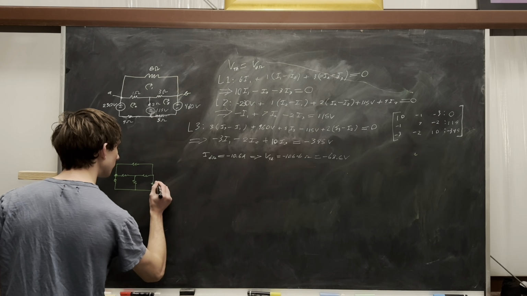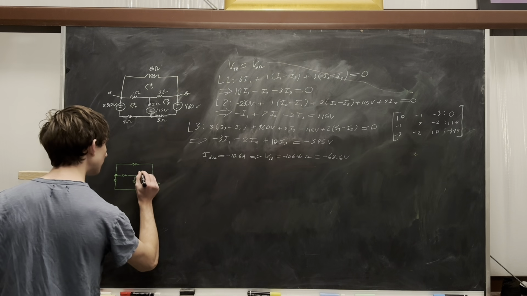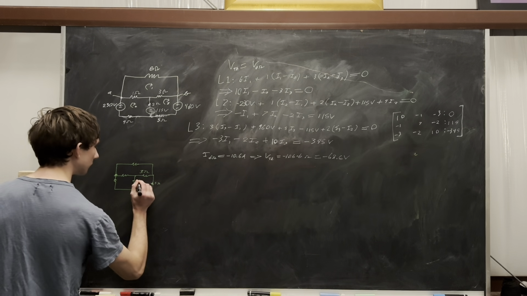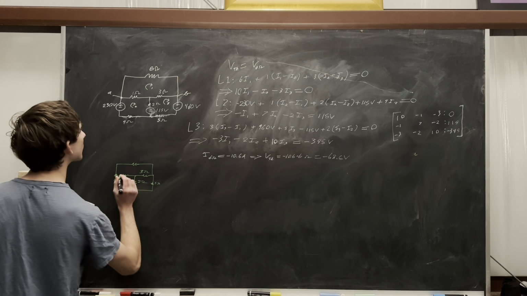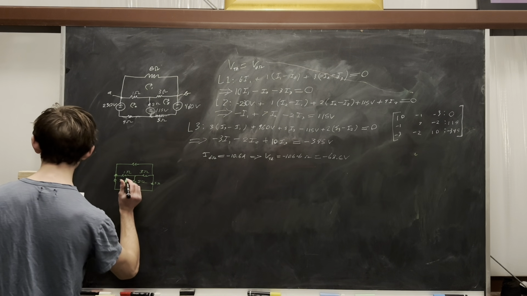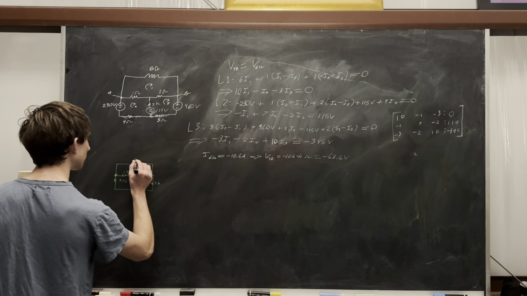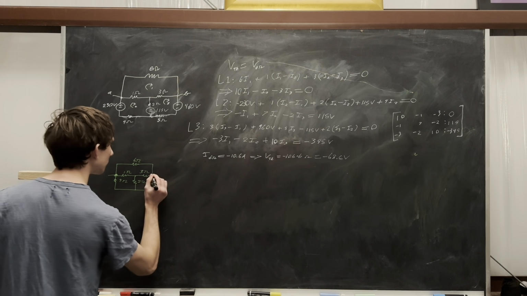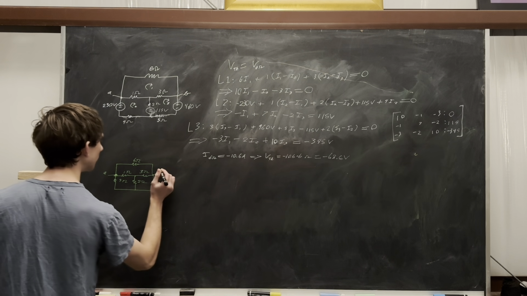And all the resistor values are what you would expect. 6 ohms, and we get the same terminals on each end, A and B.